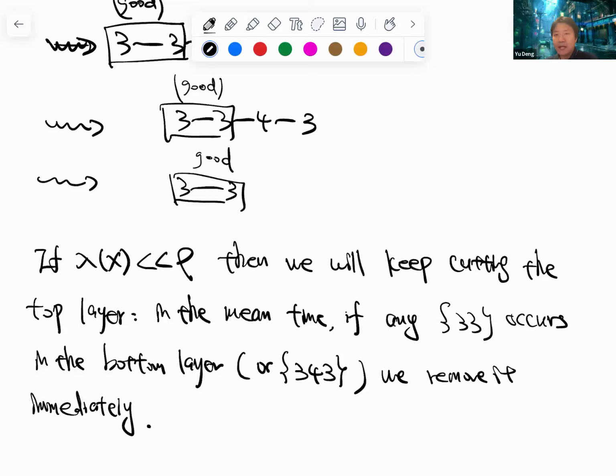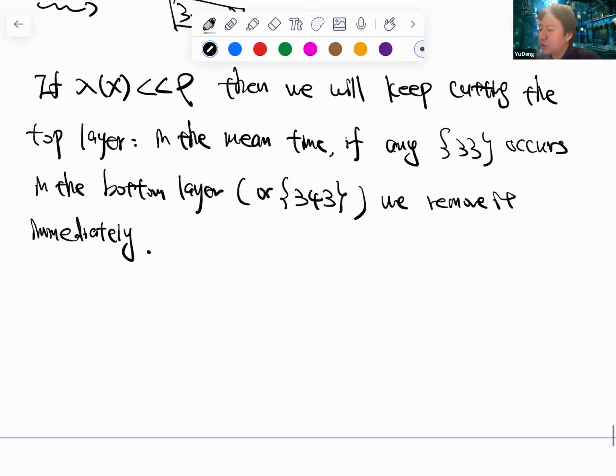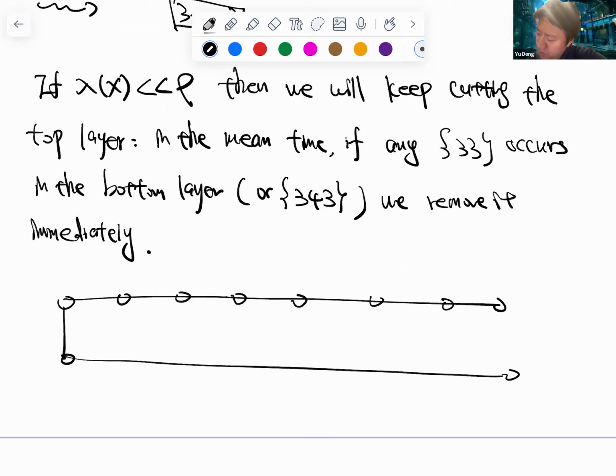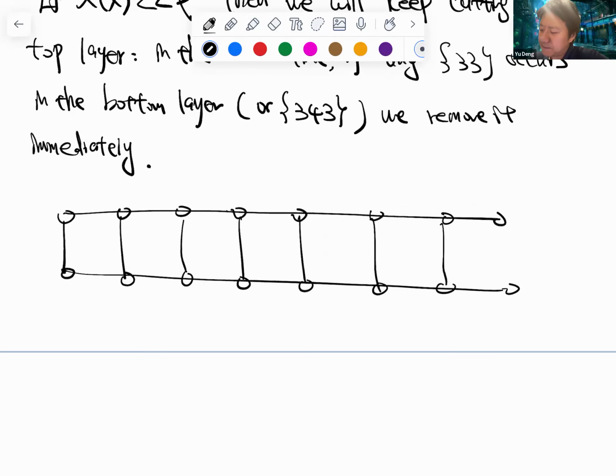So the proof is a little bit too long given our time, but I'll show you one example. If you have this picture here, where lambda x is small, and we execute this algorithm, let me just draw it here. You first choose this, okay? You cut the top one.